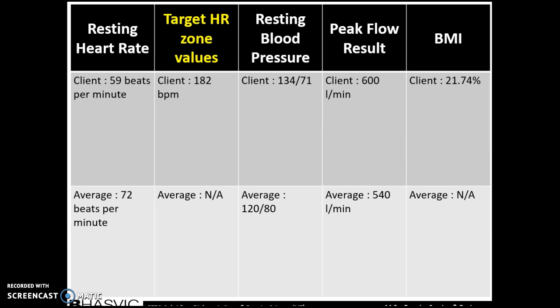So 59 beats per minute was his resting heart rate, and his target heart rate zone was 182 BPM during the session. Resting blood pressure 134/71, so it's all healthy. Well, it's all relatively healthy. 600 for the peak flow test, and the BMI was 21.74%.